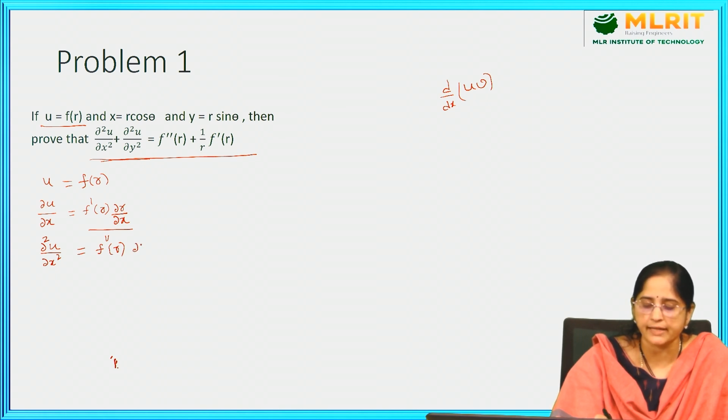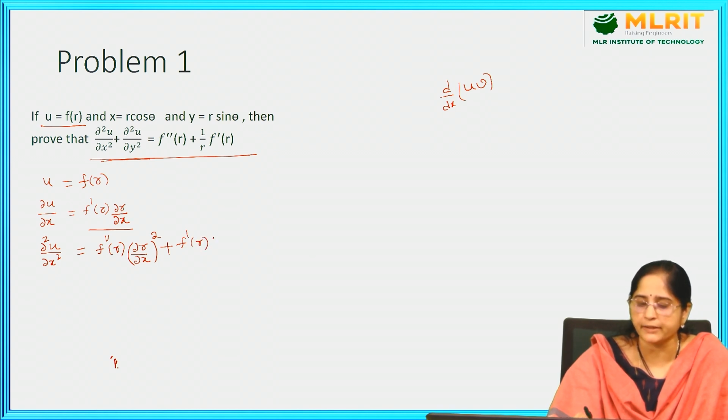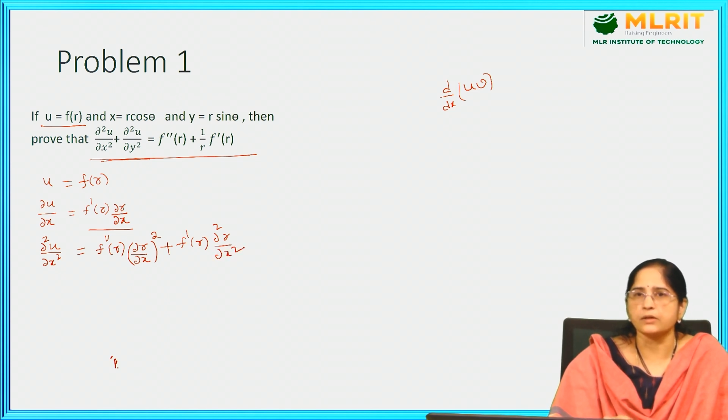We can write that as f double dash of r into dou r by dou x whole square, plus f dash of r into the derivative of dou r by dou x with respect to x, which is dou square r by dou x square. So this is dou square u by dou x square.